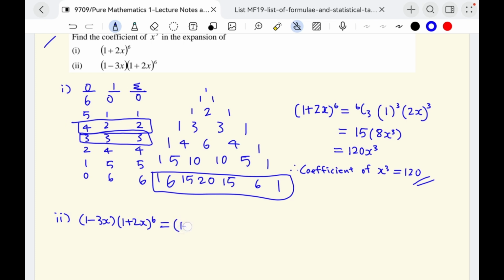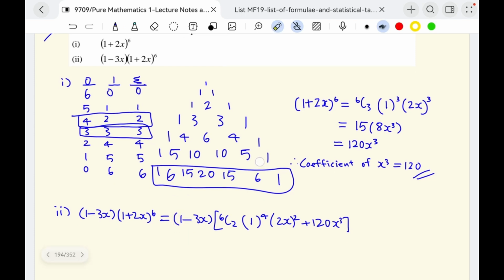So give it the extra step of 1 minus 3x bracket like this, and then square bracket of 6C2 times 1 to the power of 4, 2x to the power of 2, and then plus 120x cubed. Since there's a constant 1 over here, which is independent from x as well.